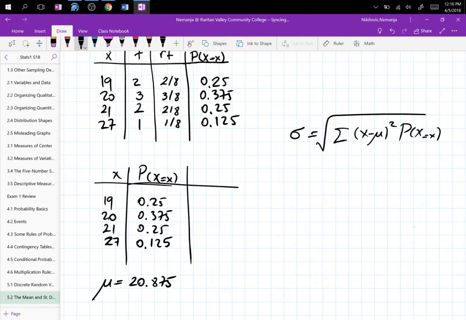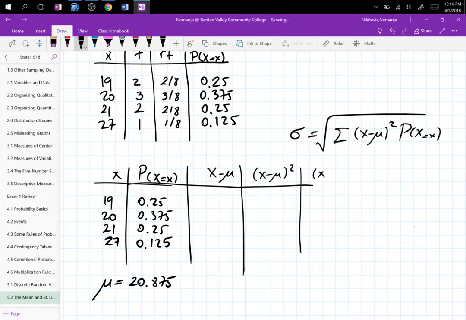Now we need to create those extra columns, right? That's the way we used to do standard deviation earlier. The first column would be x minus mu. Then we square x minus mu. Then we multiply x minus mu squared with the probabilities.